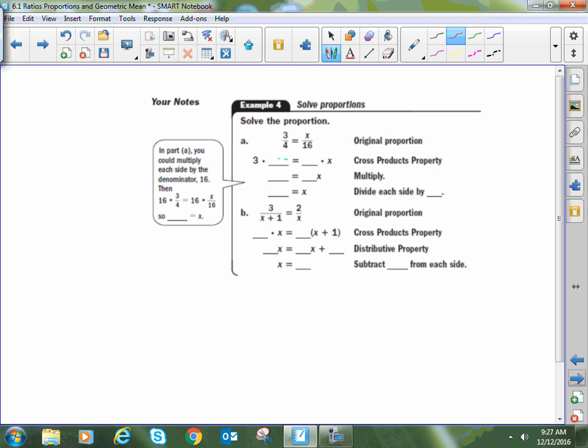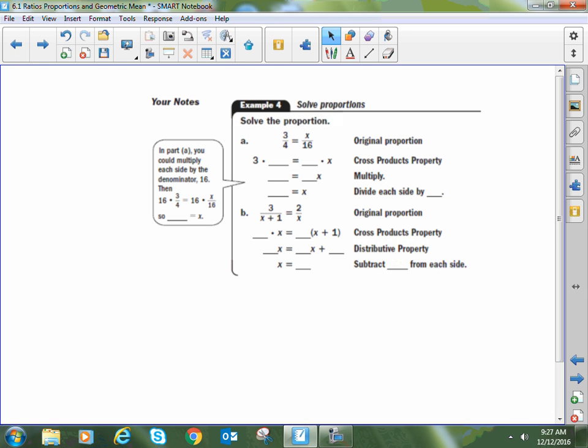So here in example 4, part A, this is a very typical kind of problem that you're going to be working out, where you're going to find the missing side of a figure, and you're going to set it up using cross multiplication, where you set up a proportion with 2 ratios.